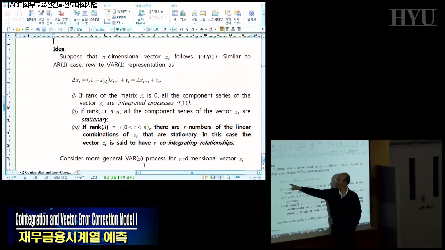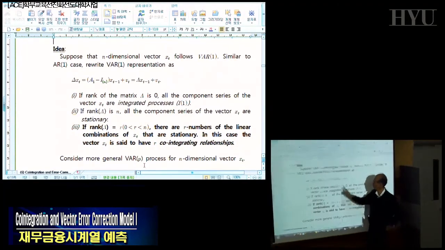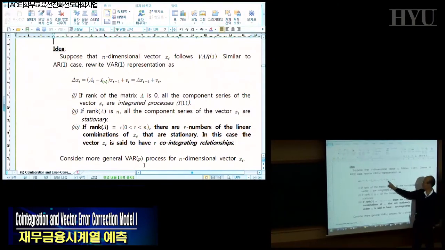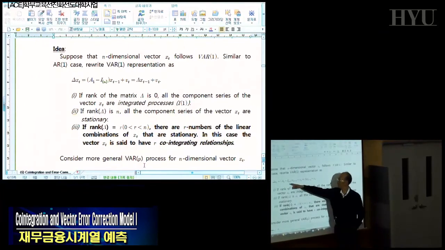So that means all the elements in xt are just stationary time series. If all 0, everything is I1. If it has full rank n, then all the series are stationary. And in between.